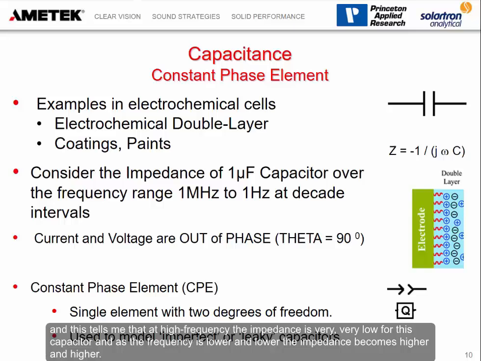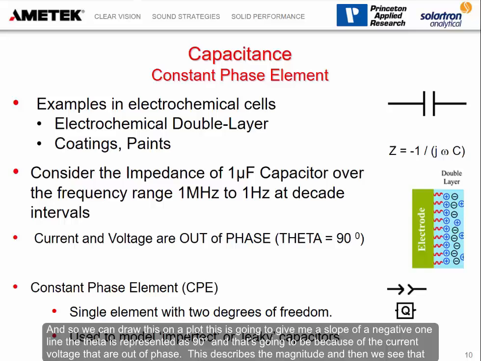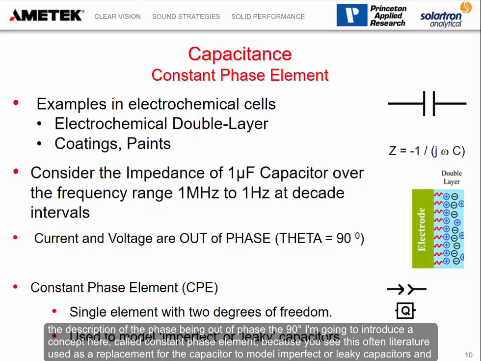And as the frequency gets lower and lower, the impedance becomes higher and higher. And so we could draw this on a plot that's going to give me a slope of a -1 line. The theta is going to be represented as 90 degrees, caused by the current and voltage being out of phase.